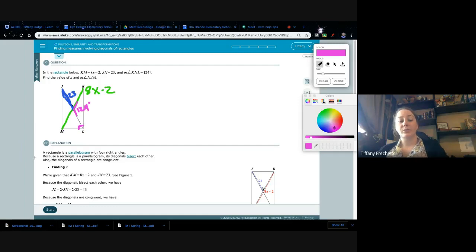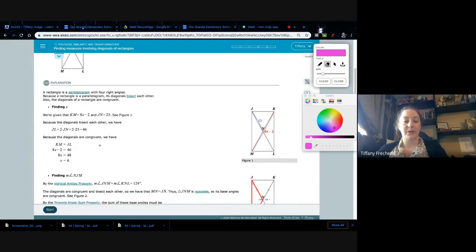So this is very important. We need to remember these qualities so that when we move forward, we know what to do with them. I'm going to click clear here to clear out all my other stuff. I'm going to keep scrolling down because they have it marked also. They said we're given that KM equals 8x minus 2 and JN equals 23.